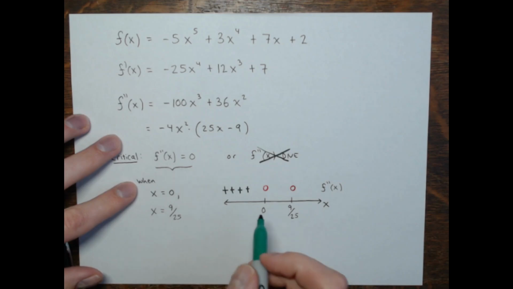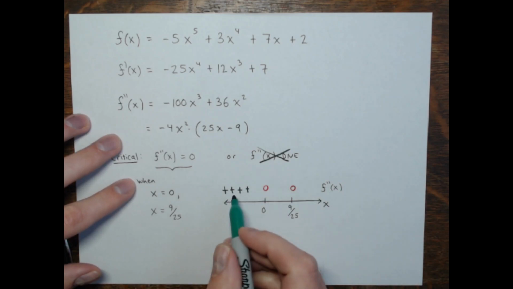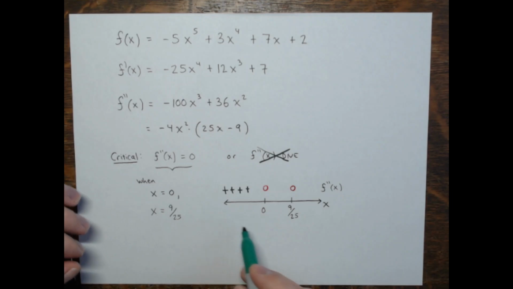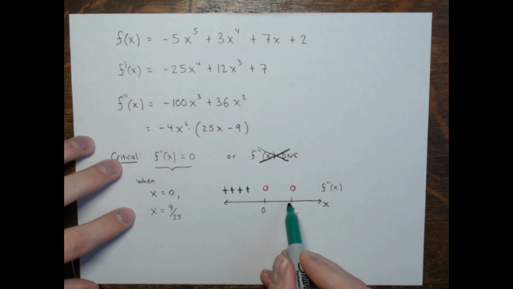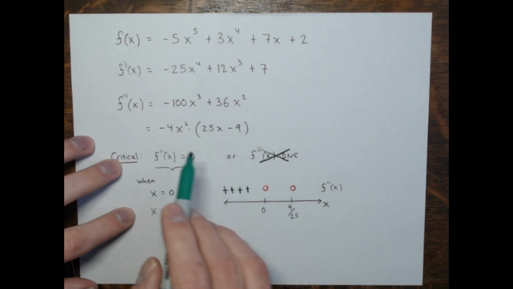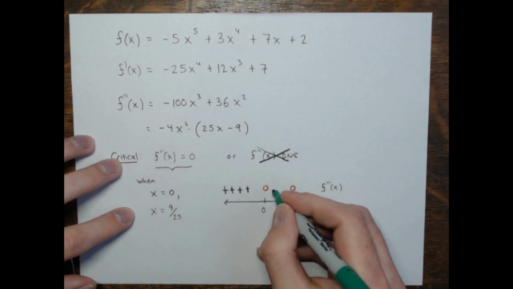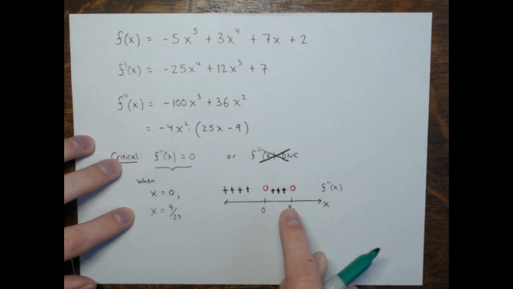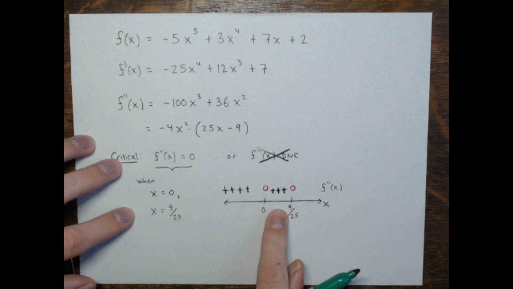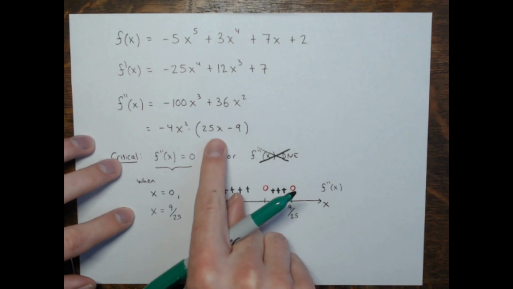even power. So yeah, you have positive second derivatives to the left of 0, but then also between 0 and 9/25. And that's because of this x equals 0 having an even multiplicity. So you're going to have a positive value in here too. Try it, plug in some value less than 9/25, but still a positive number.